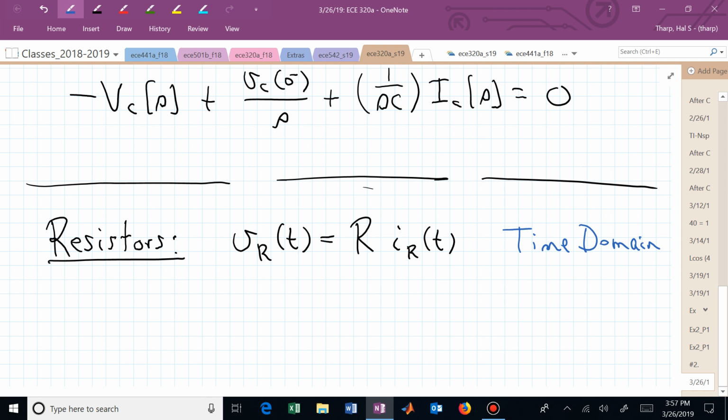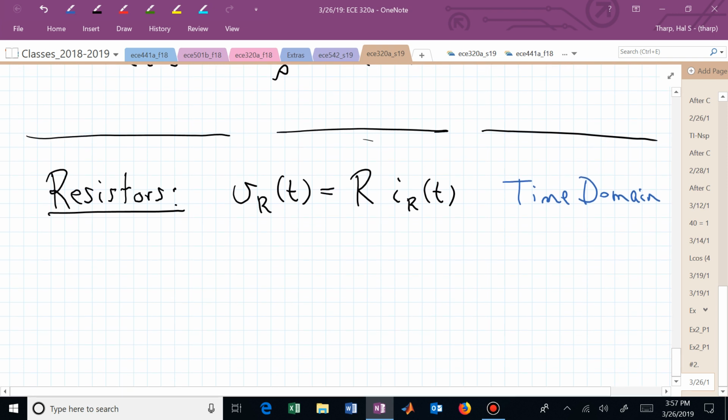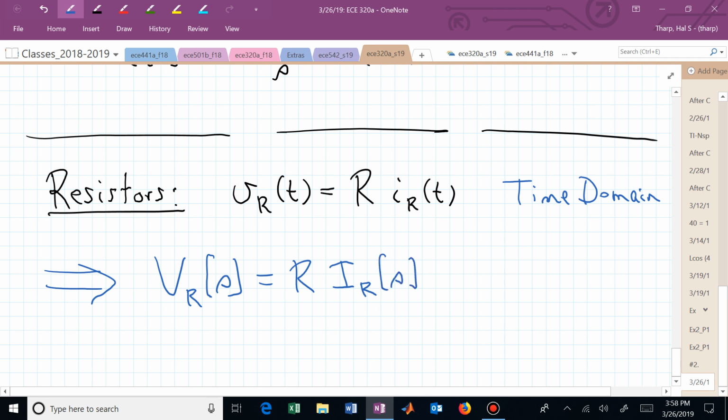That's Ohm's law. What if we now Laplace transform that? We don't have to do anything really other than capitalize those variables and make sure that our arguments on those variables are now in the S domain, a function of the complex variable S. We now have capital V sub R of S is equal to R I sub R of S.